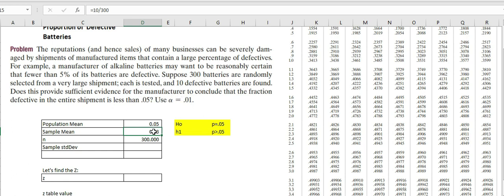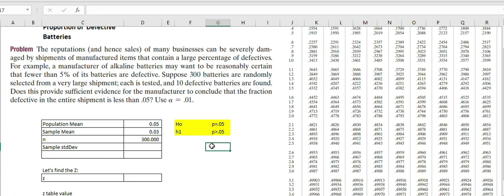All right, what is tested in here is 300. Okay, it is written in here: 300 are tested and 10 defective batteries are found. So we'll compute 10 over 300. That's 3% defective.